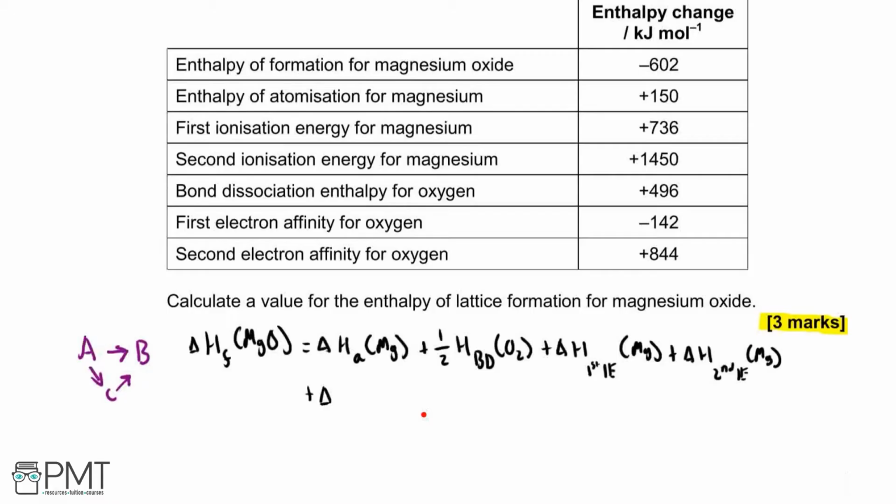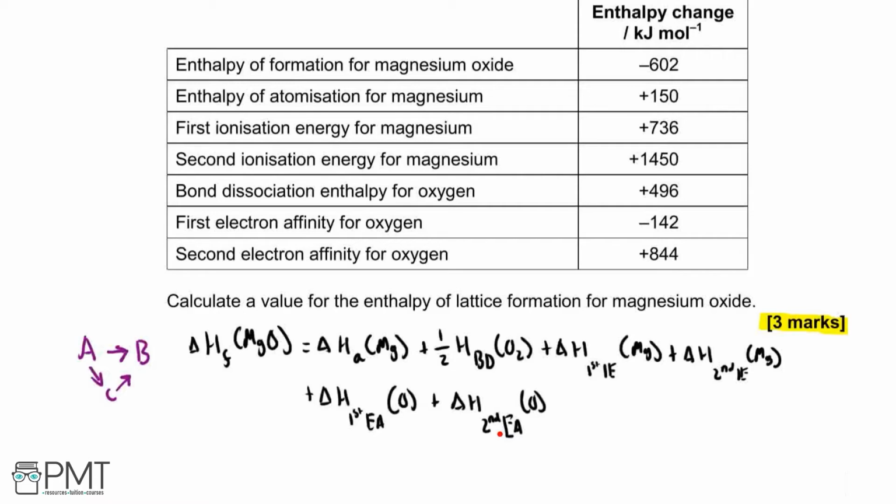So this is written as delta H first EA, and then like with the others, we put the species in brackets, and then we also have our second written with the same form as the ionization energies. It's whether first or second, and then our abbreviation.